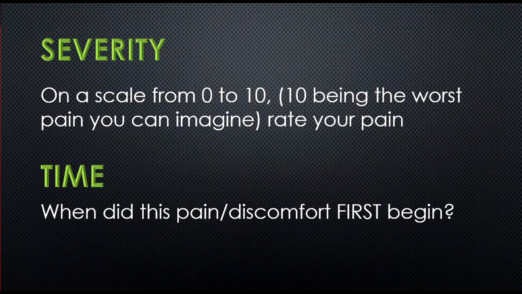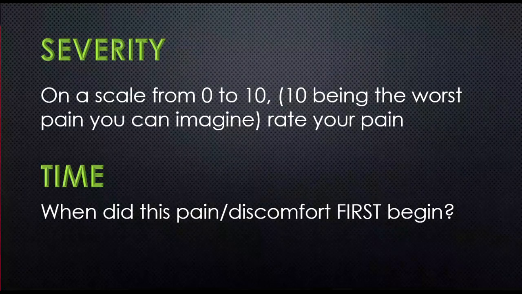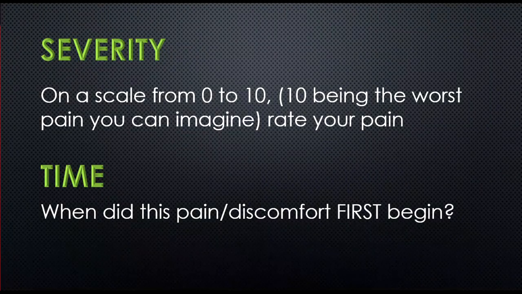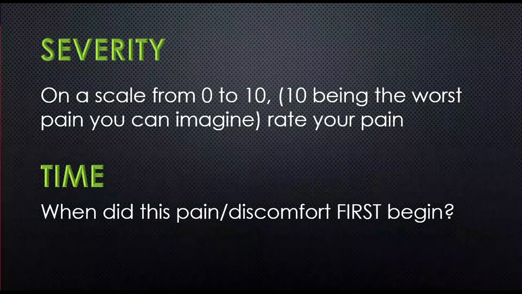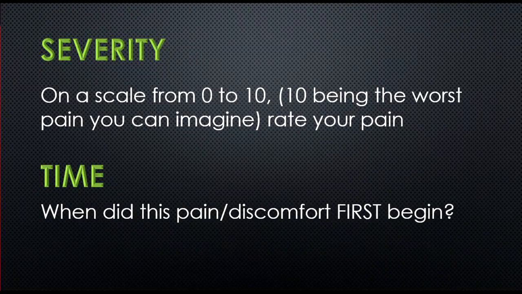So if they're having chest pain and it began 20 minutes ago, but they've been having some chest pain on and off for 2 days, then I want to know that. So I want to know, when did it begin? But big picture wise, have you had this pain before? Is this the first time it's happened, or has there been episodes of this before? So I can get that full picture.